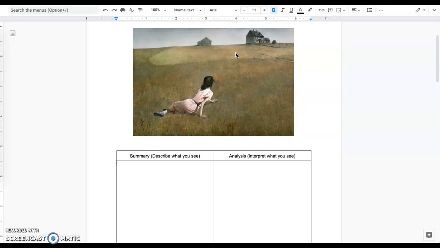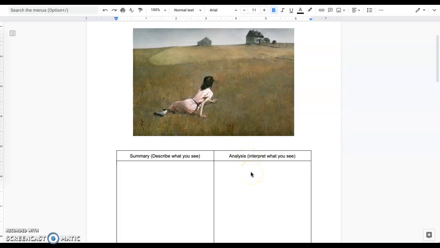The house hasn't been painted for probably decades. That is something that I might think about for my analysis, that perhaps this is a rundown house. They don't have enough money to keep it updated. Her dress might be very old because it's such a faded light color.